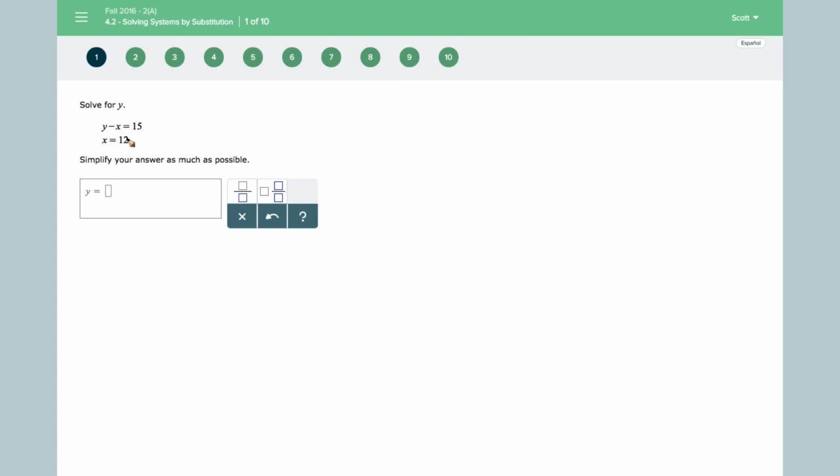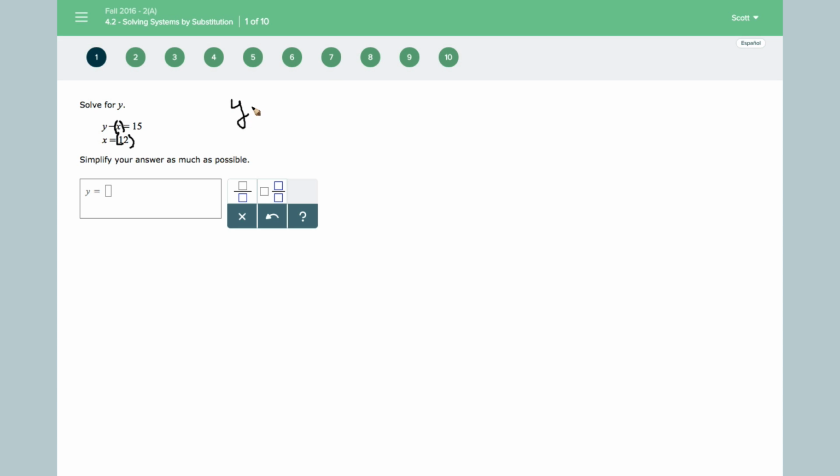And in this case, we have x equals 12. That means anywhere I see x, I can replace it with the number 12. They're the same thing. So what I do is I put parentheses right here around the 12 and then around the x to remind myself that's where it goes.